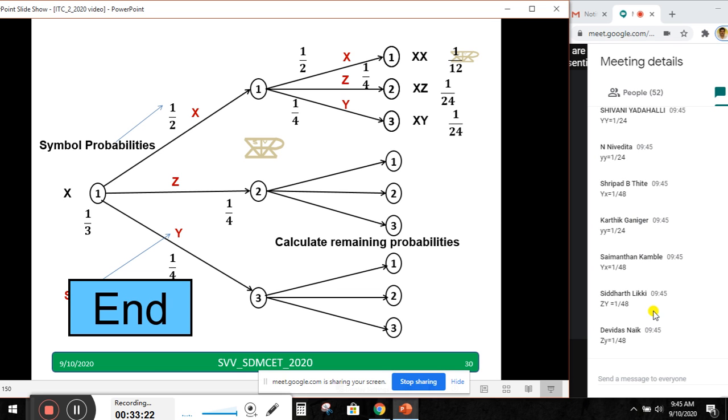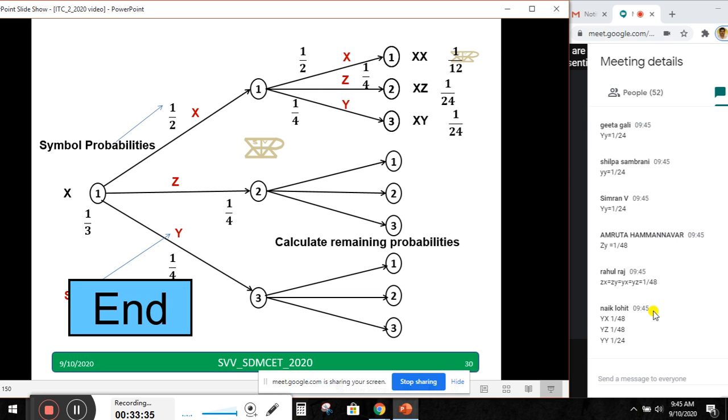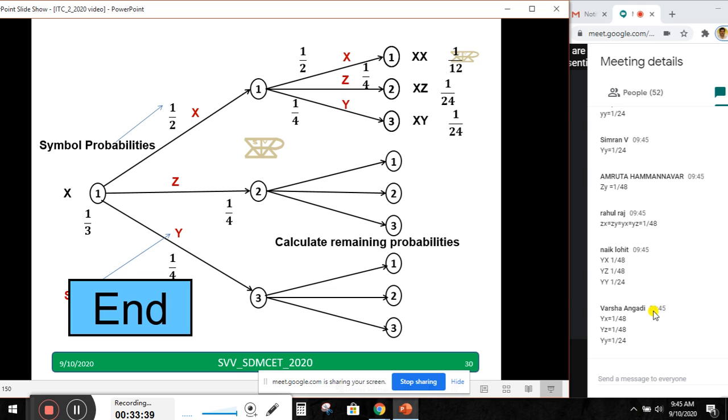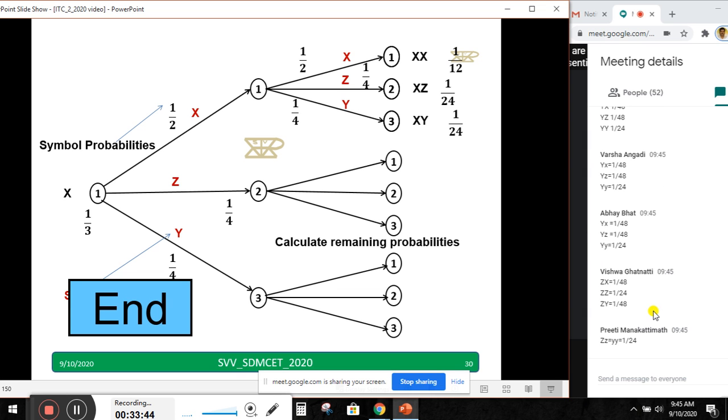Siddharth ZY equal to 1 by 48, Devidas ZY equal to 1 by 48, Charan and Amrita ZY equal to 1 by 48. Rahul Raj has typed 1 by 48 for so many, ZX, ZY, YX, YZ, very good Rahul. Lohit is typing YX, YZ 1 by 48, YY 1 by 24, Varsha, good.